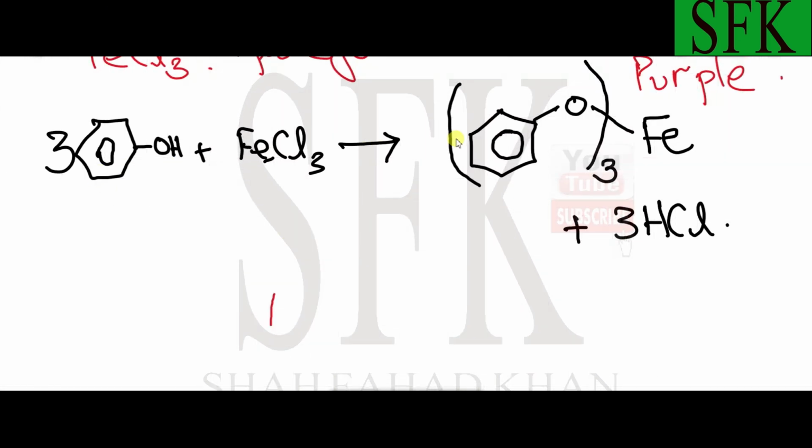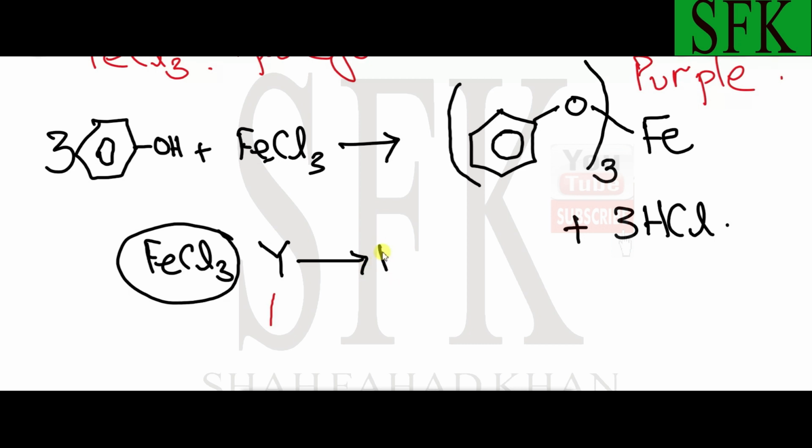Well, the equation isn't that important because I've never seen any equation being asked on this. But yeah, the color test, the reagent is important. The reagent is important and the color change is important. If phenol is present, the color changes from yellow to purple. So this is important, and you guys must learn this if you don't want to learn the equation.